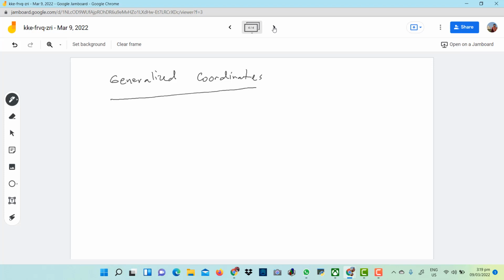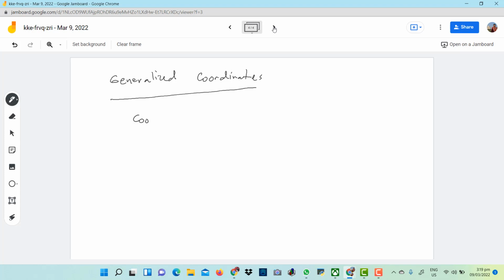generalized coordinates. So we know that coordinates are used to define the position in space of ensembles of particles. Okay, so if I have a particle, you have to describe that particle in space using coordinates, okay? Using coordinates, be it Cartesian, polar, cylindrical, and so on.